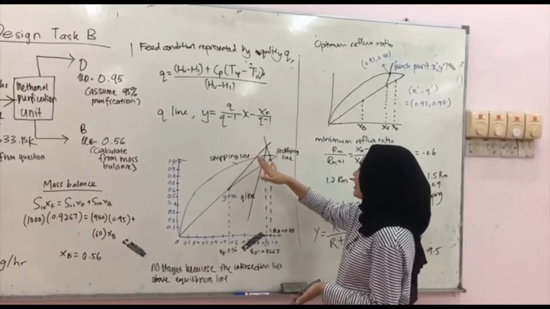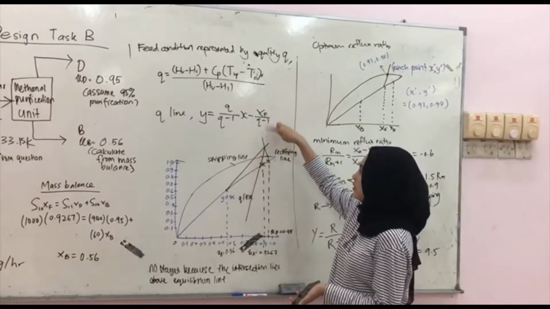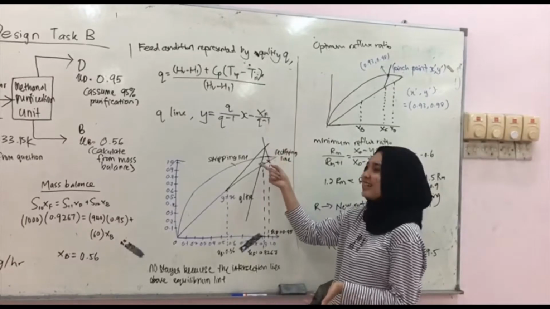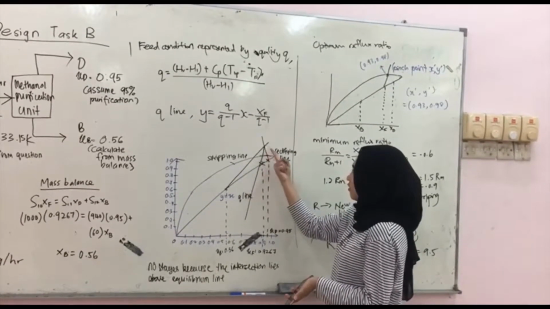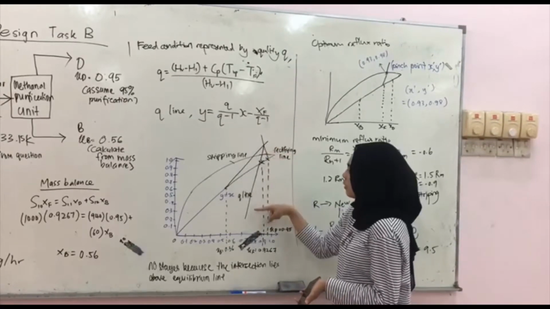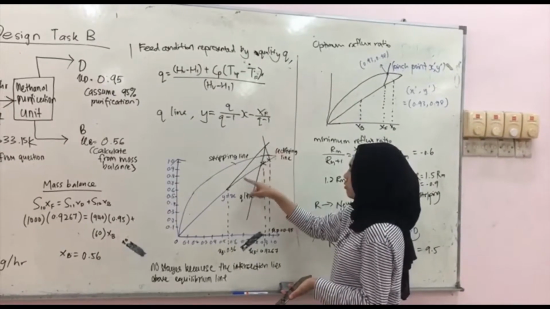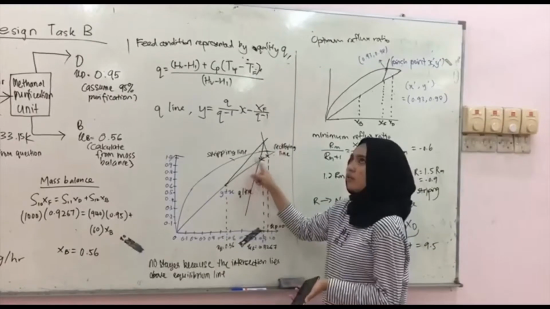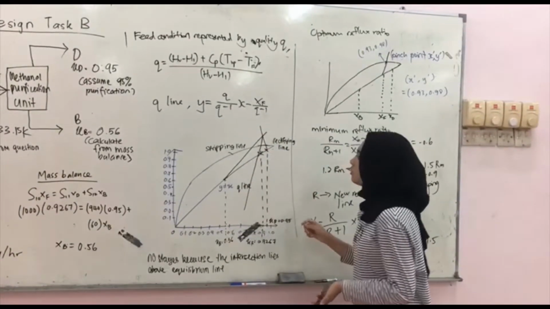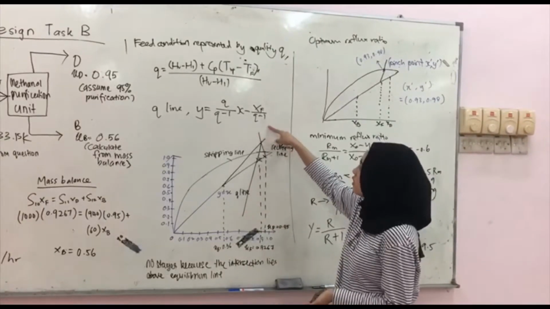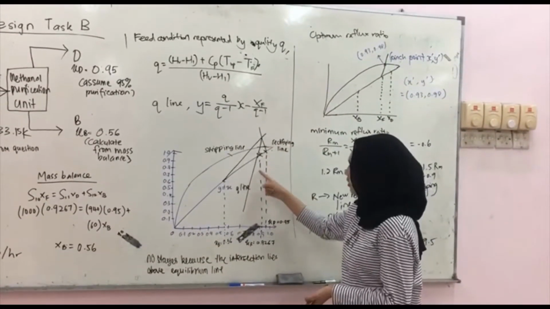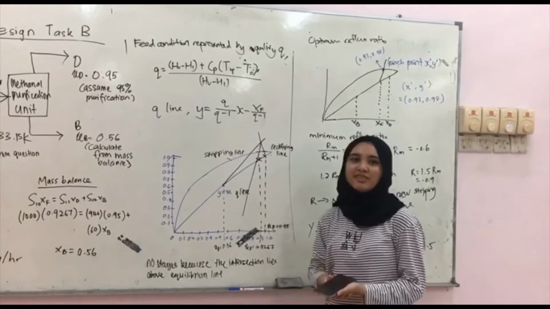So the rectifying line will go up like here, like this, and then once the rectifying line intersects with the Q line, we obtain the stripping line. So we also draw the Q line from this equation. So this is the graph there.